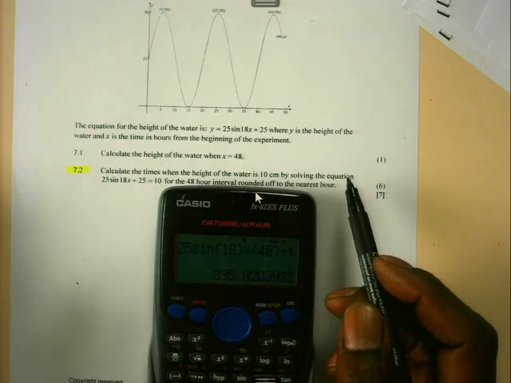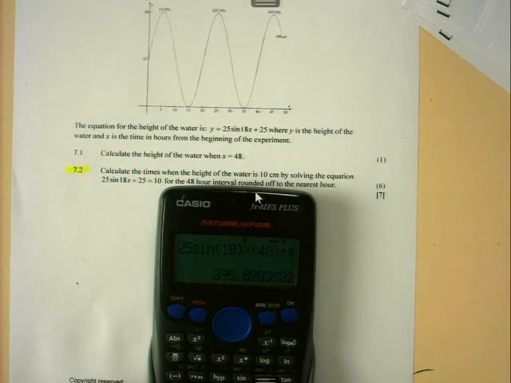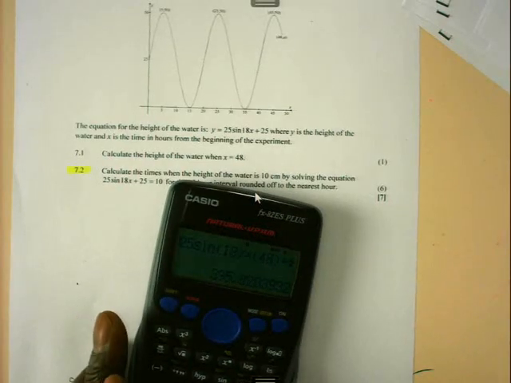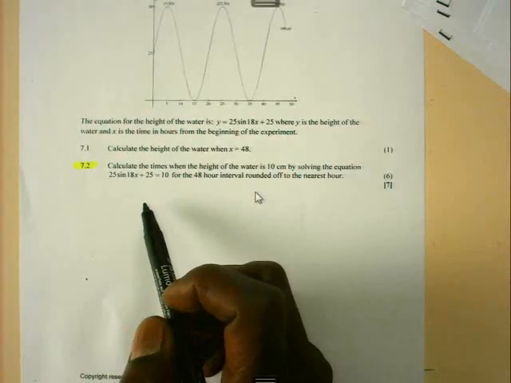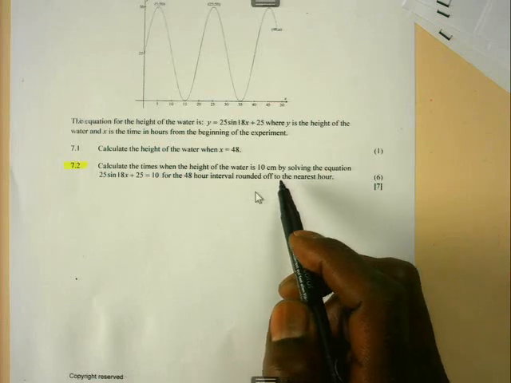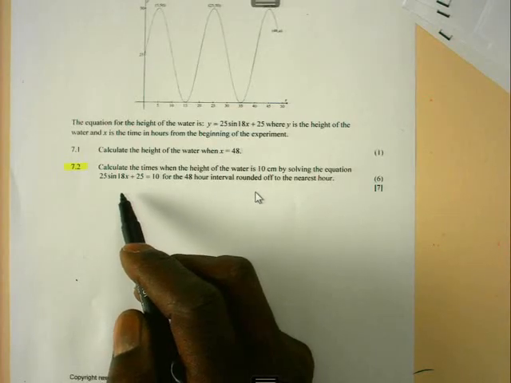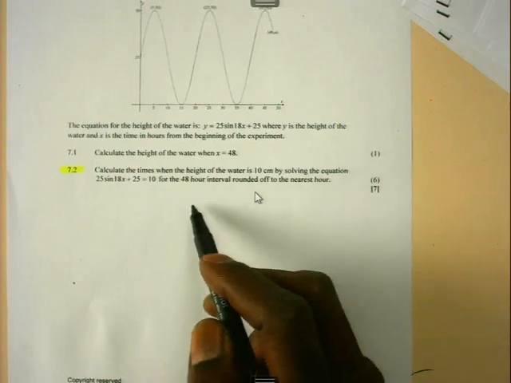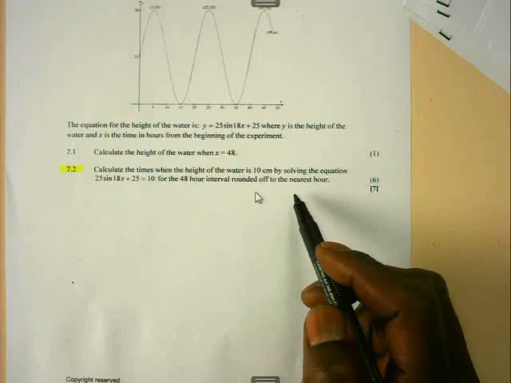They didn't say whether it's meters or centimeters, so 395 centimeters. Now we are actually interested in the second question. Calculate the times when the height of the water is 10 centimeters by solving the equation 25 sine 18x plus 25 equals 10 for the 48-hour interval, rounded off to the nearest hour.